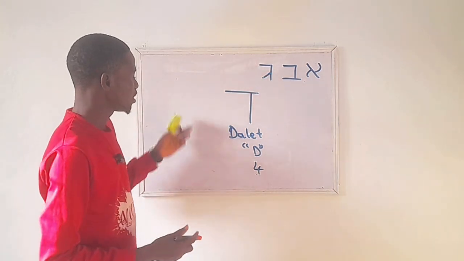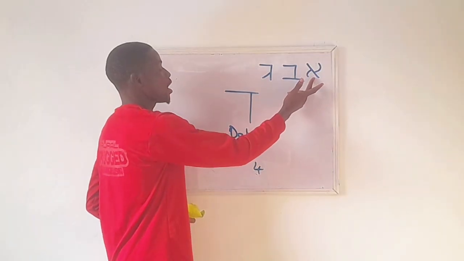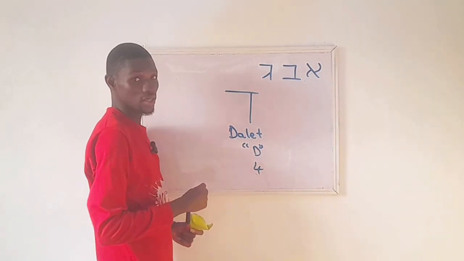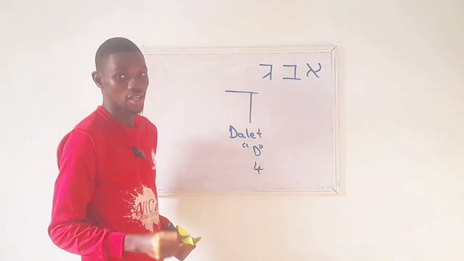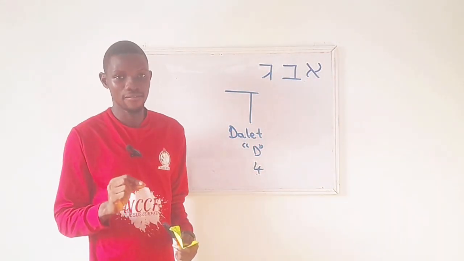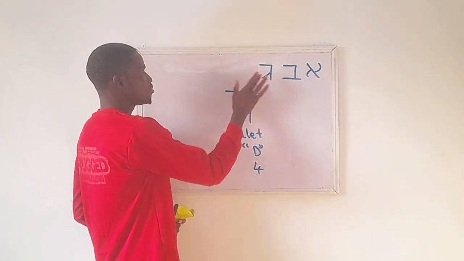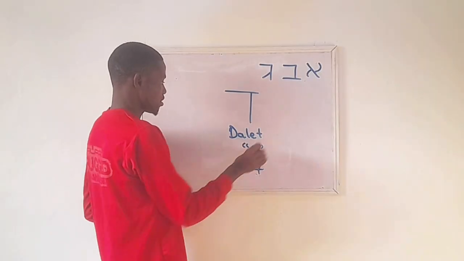Now with Dalet and Gimel, we can write another word. Remember that with Aleph and Vet, we wrote a word last time, which is av, and that is father. So with Dalet and Gimel, we can also write a word.